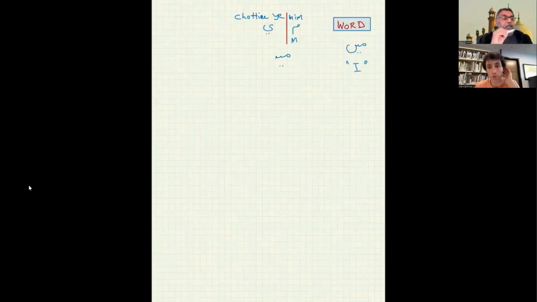The second letter of the word मैं is choti ye, and that is the long E sound. And then the last letter is the noon.